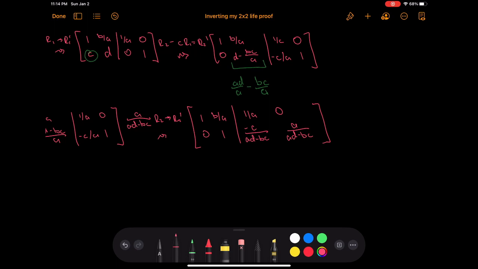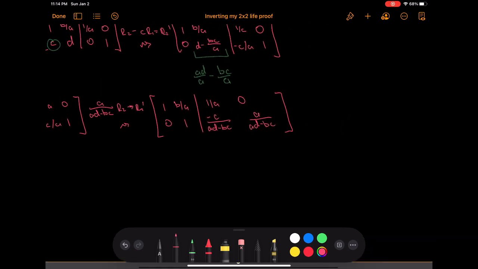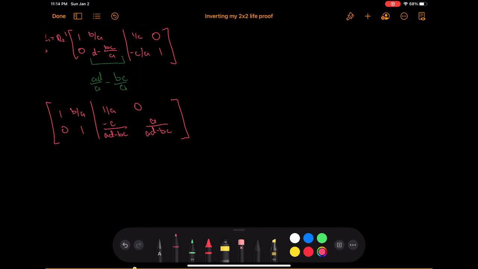And lastly, we're almost done. All we have to do is get rid of the B over A. That is as simple as taking the first row and subtracting B over A times the second row. The second row remains untouched. The first row would be 1, 0.